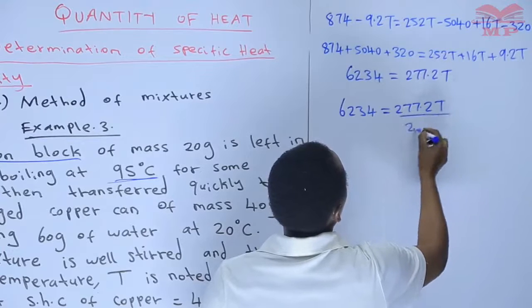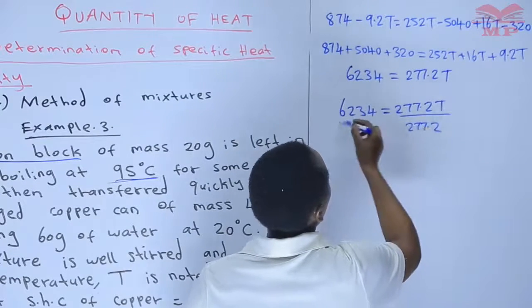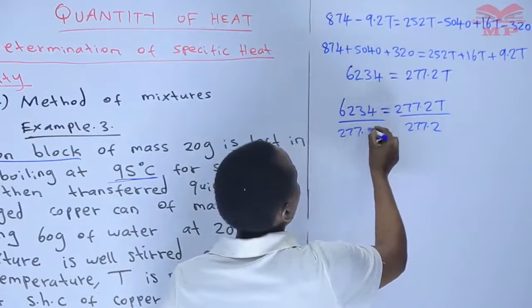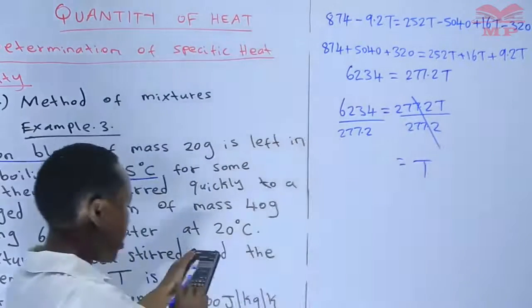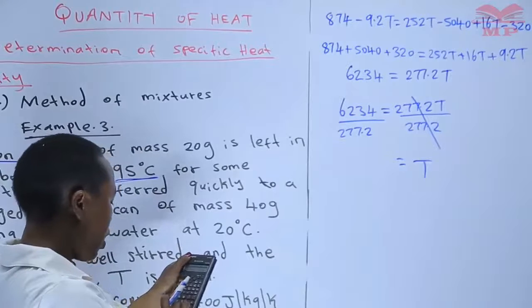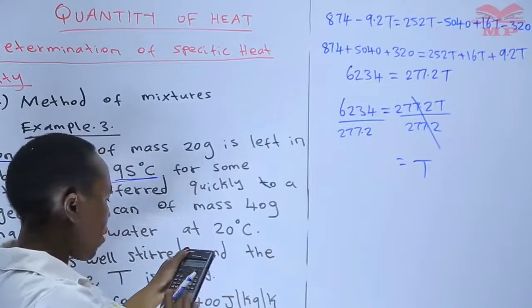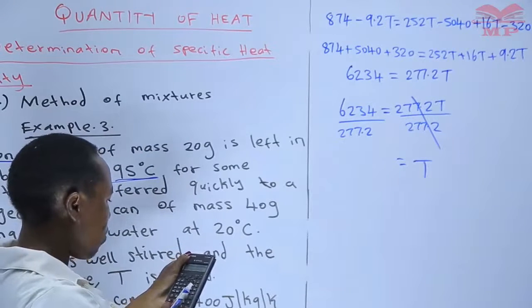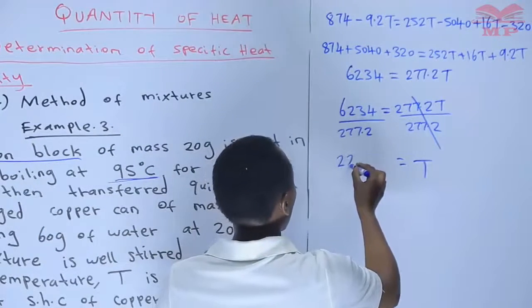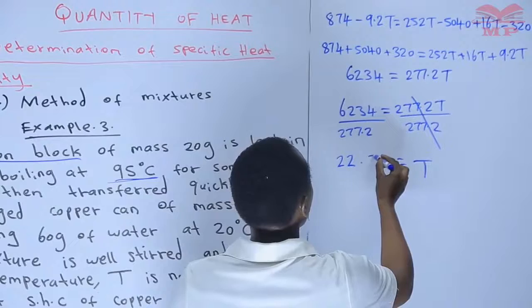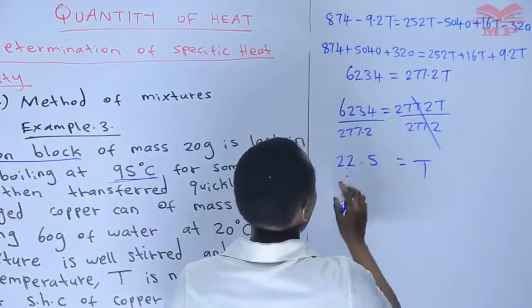We can divide now both sides by 277.2. We can cancel that, and therefore our T will be 6234 divided by 277.2, which will give us, to one decimal place, 22.5 as our answer.